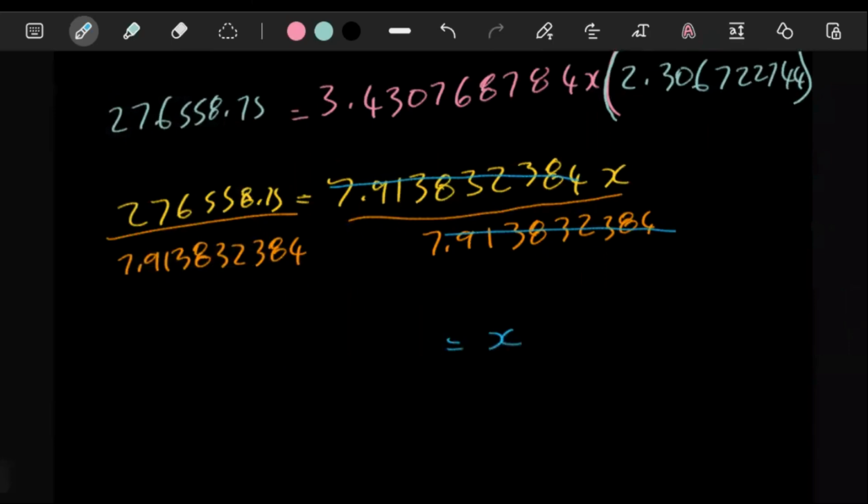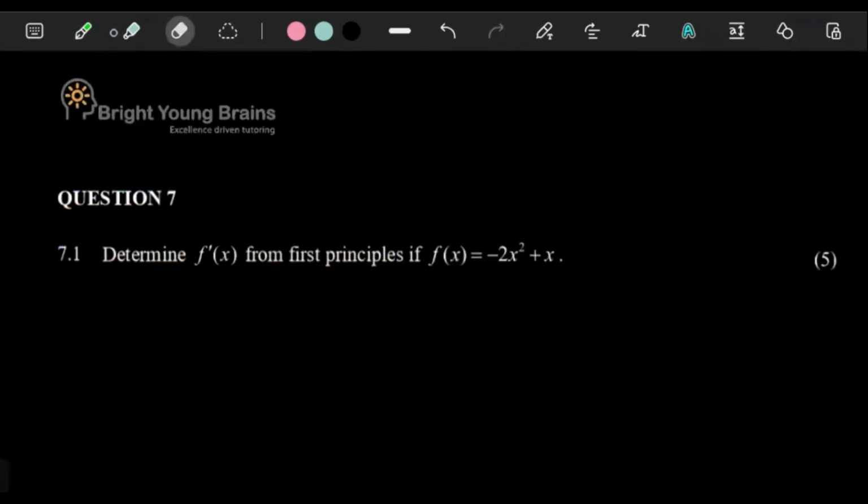Let's see what that is: 276,558.75 divided by 7.9138323884. Great. So our value of x here is 34,946.25.